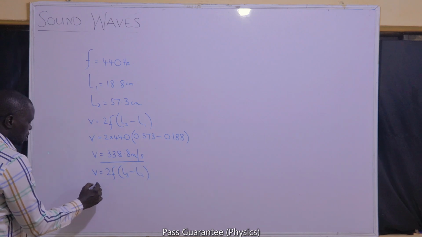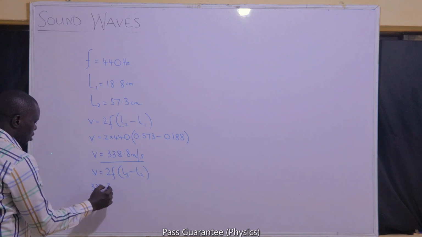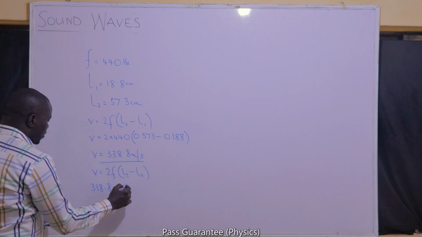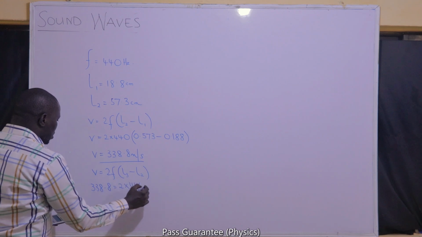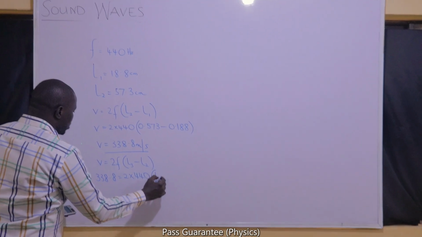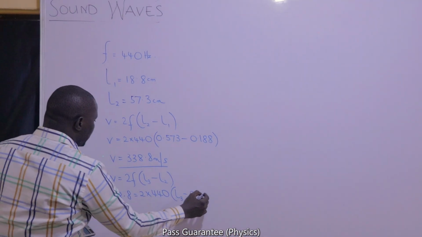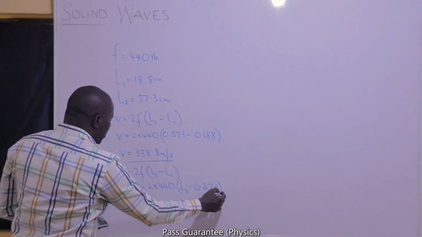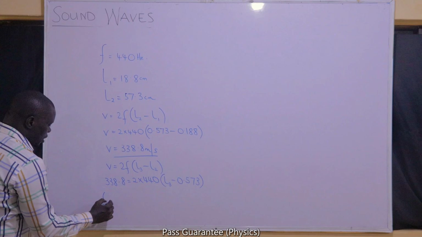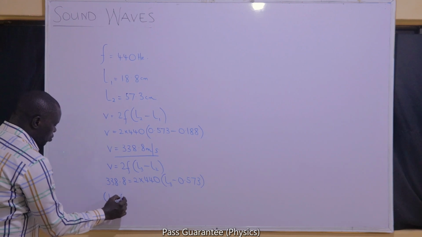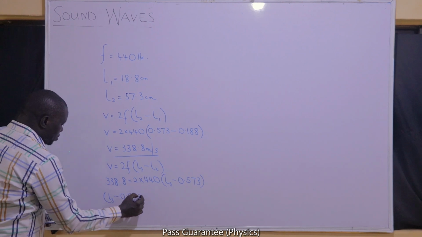V I now know to be 338.8, which is equal to 2 times F. Our F is 440, times (L3 minus 0.573), where L3 is what I don't know, but I know my L2 to be 0.573.